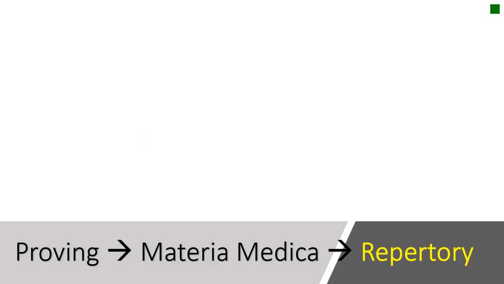Let us remember one thing, that the properties of a remedy begin from a proving, then they are compiled into a readable volume known as materia medica, from which they are extracted in a very succinct form and prepared into a repertory.